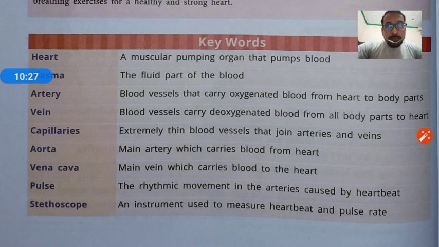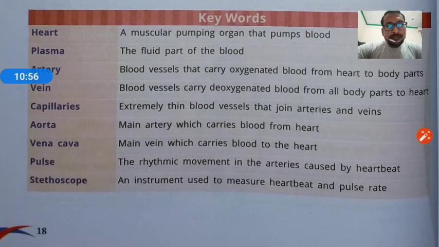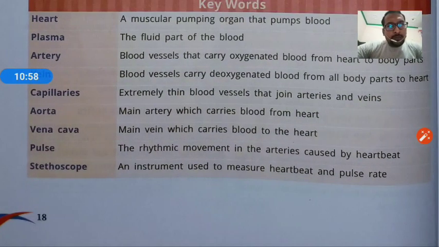Vena cava, main vein which carries blood to the heart. Pulse, the rhythmic movement in the arteries caused by heartbeat. And last is the instrument stethoscope, which is used to measure heartbeat and pulse rate. So this is what is given in the book.